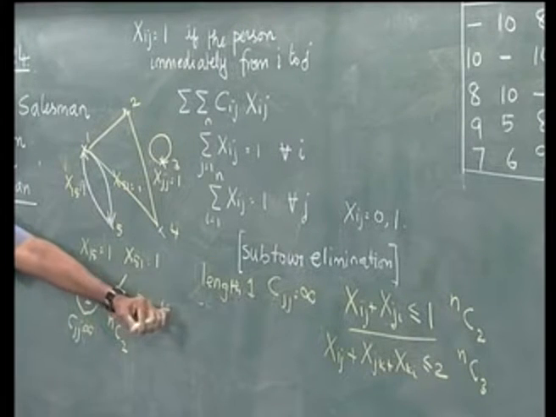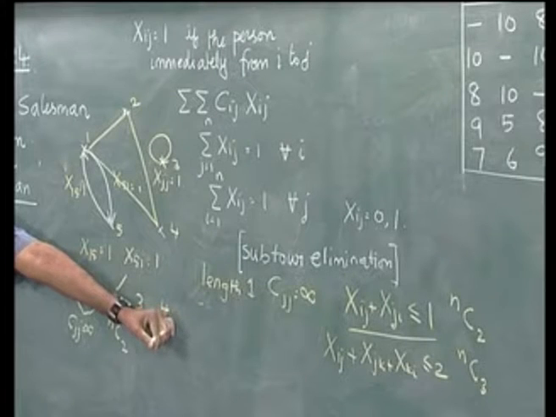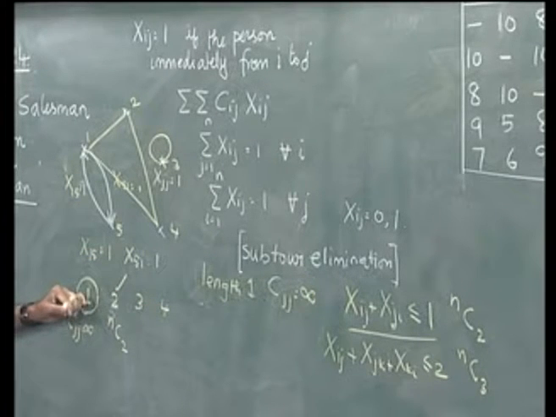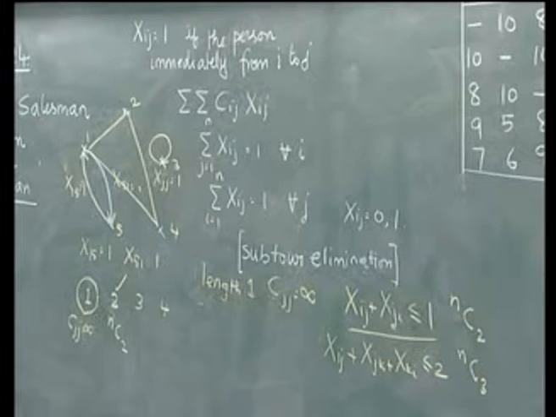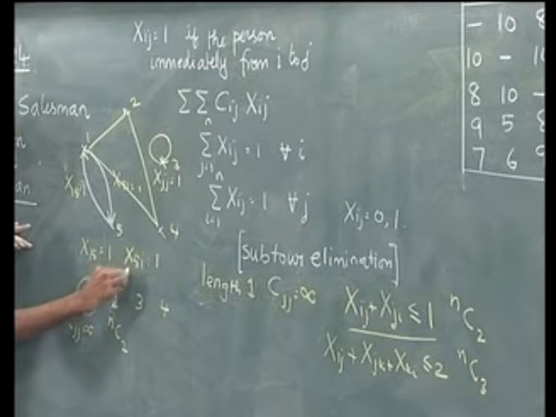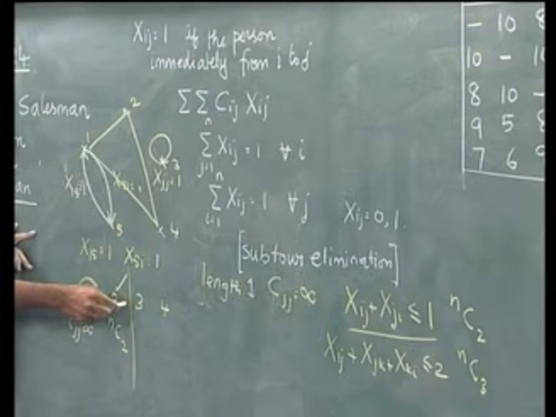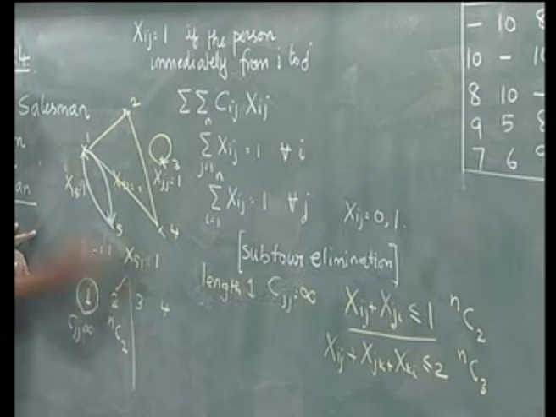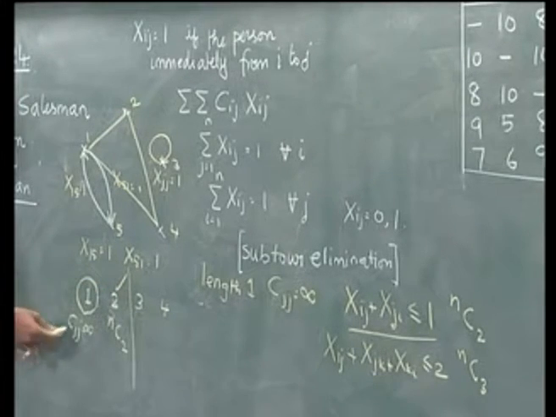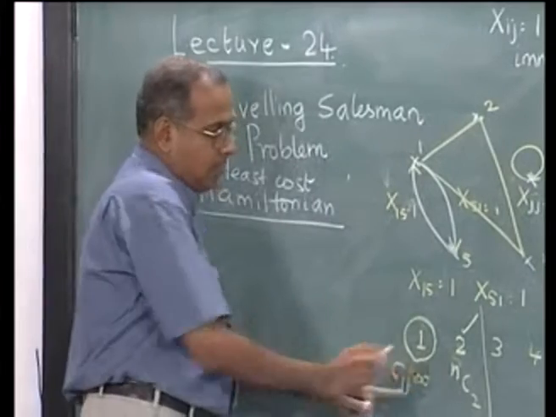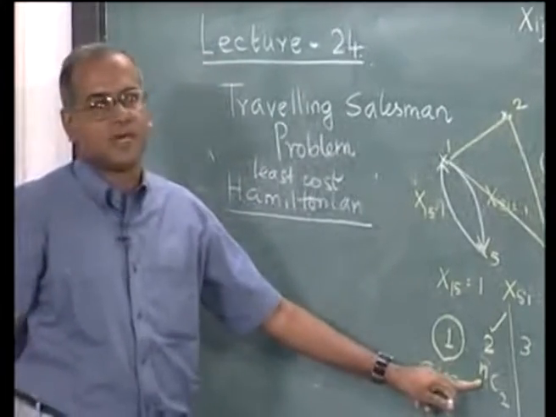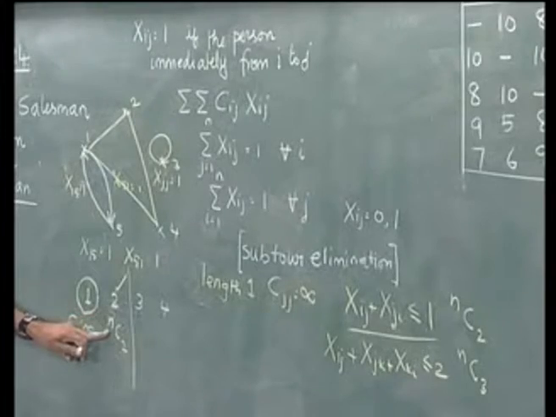Similarly, if we have a subtour of length 4, then there has to be a subtour of length 1. So, by eliminating all subtours of length 1, we automatically eliminate subtours of length 4. So, for a 5 city problem, it is enough to eliminate subtours of length 1 and 2 and not worry about 3 and 4. Already 1 is eliminated this way. So, we only add nC2 constraints in a 5 city TSP.